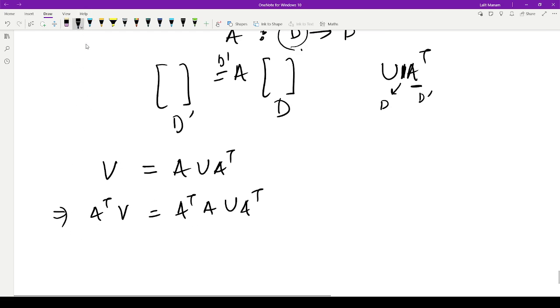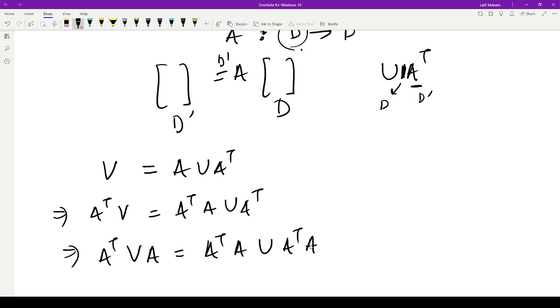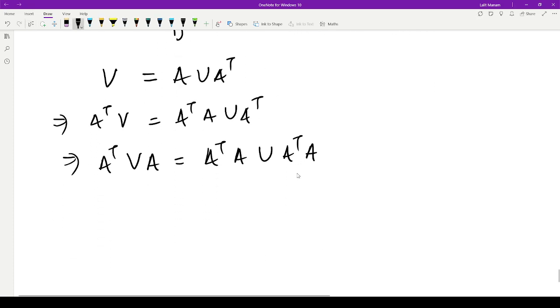One more step then: A transpose V multiplied by A equals A transpose A U A transpose A. What is this?